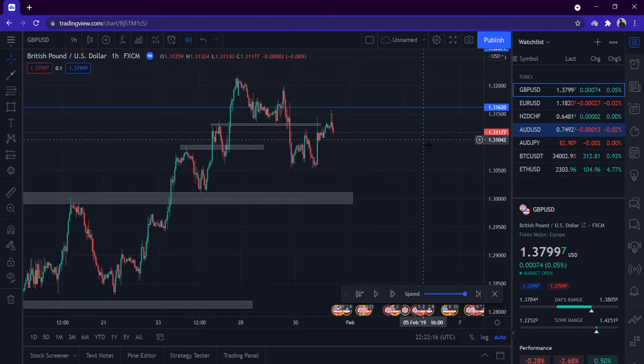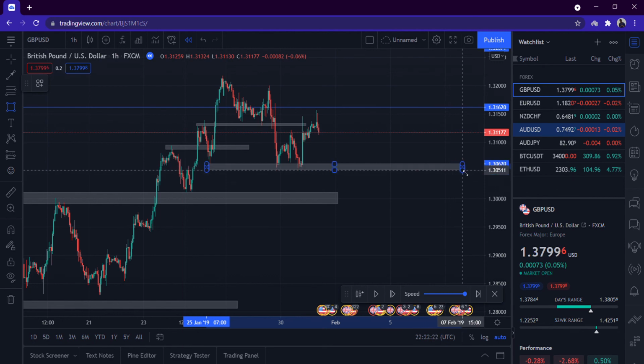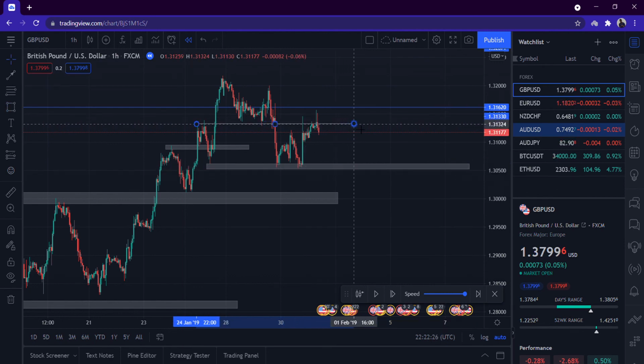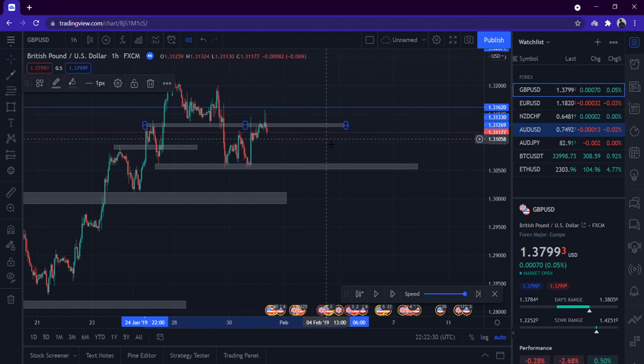Yep, seems like price has rejected itself in this region, in this area, and in here. Price might consolidate right now. Let's see how it plays out.